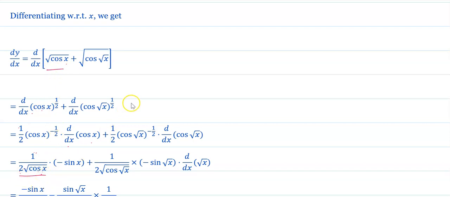It's similar to the derivative of root x. What is the derivative of root x? The derivative of root x is, again I am repeating a number of times, 1 upon 2 times root x. Similarly here, the derivative of root of cos x is 1 upon 2 times root of cos x into d/dx of this cos x, which is the minus sine. Only here we are performing those steps.